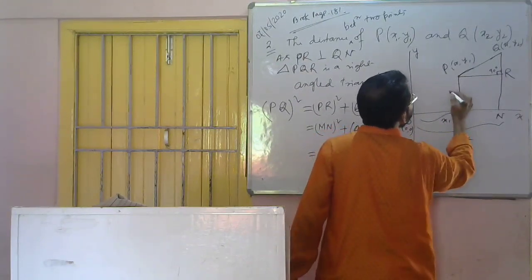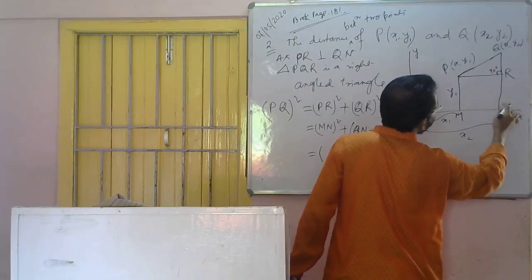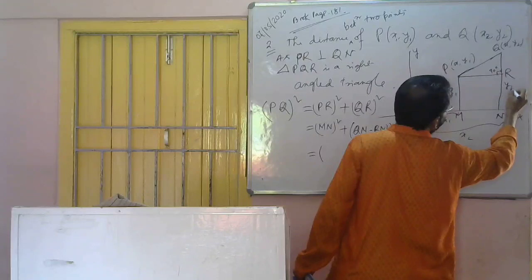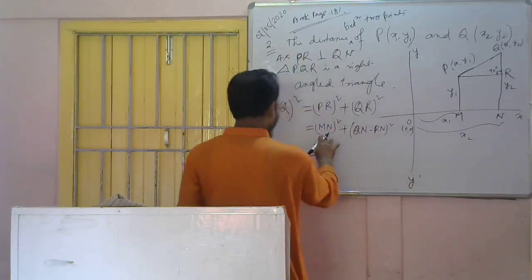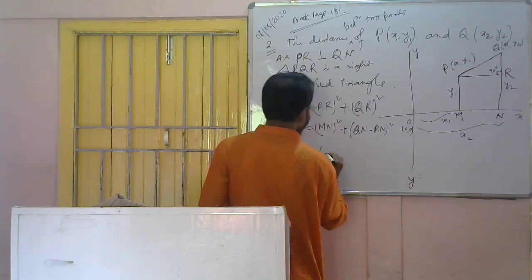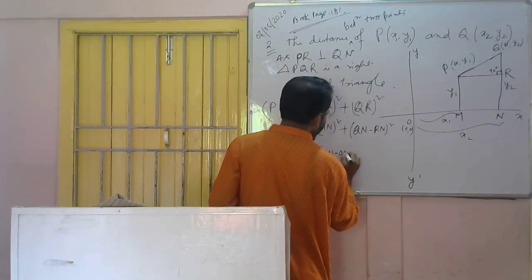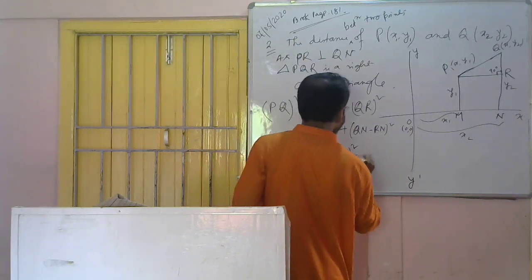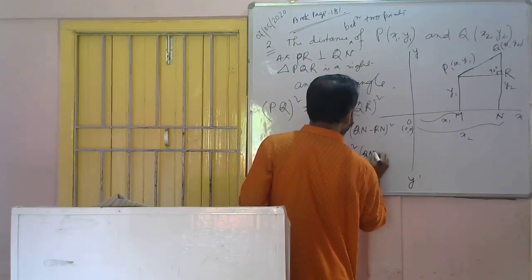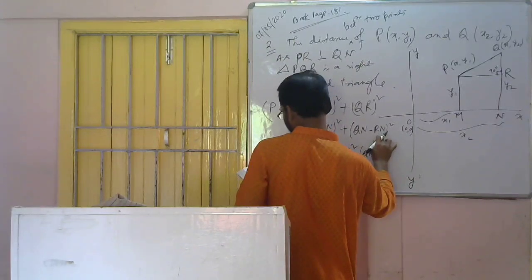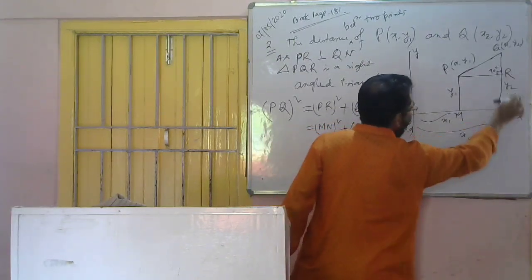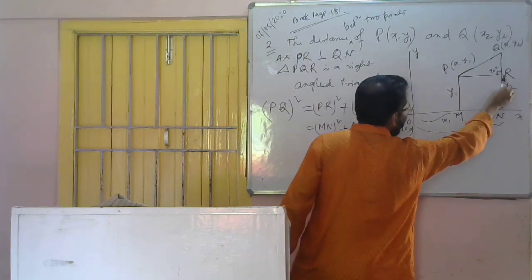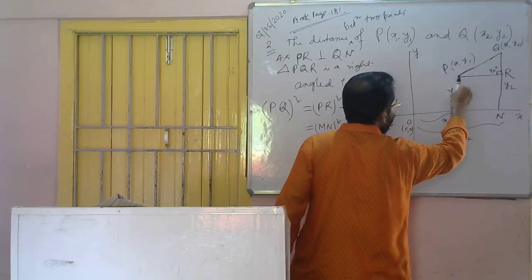This distance is y1 and this total distance is y2. So in place of Mn we are writing On minus Om, and in place of Rn we write Qn minus... So Rn is the distance, and as you see here this distance is equal to Pm.